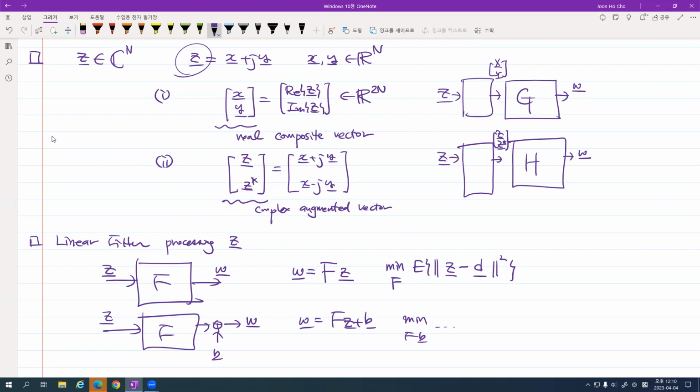It means that if you are given a single criterion, if this linear filter can achieve some performance, that filter can also achieve the same performance.